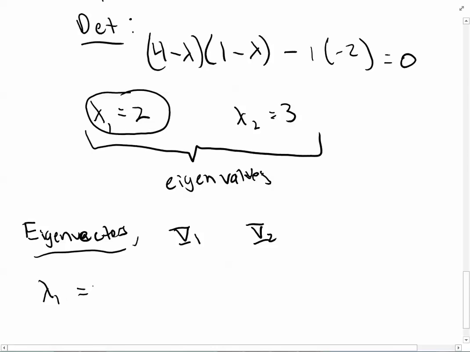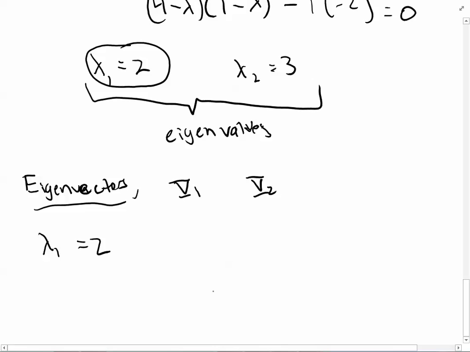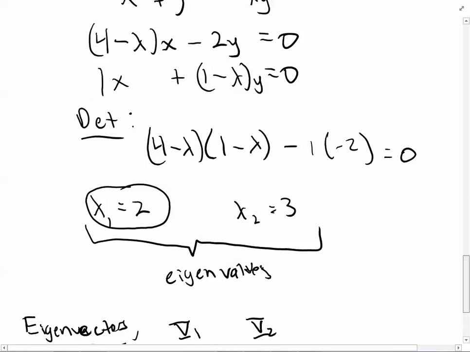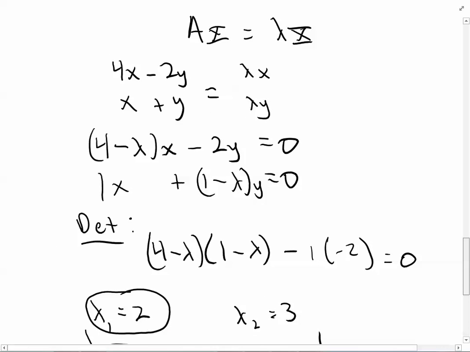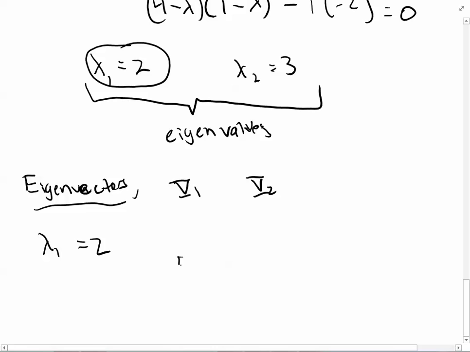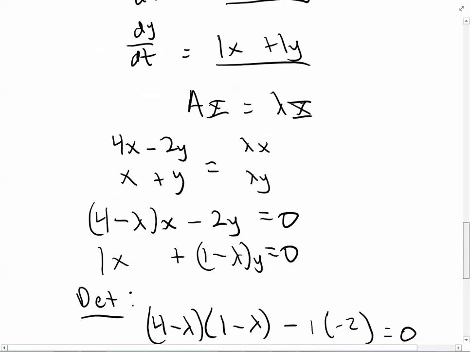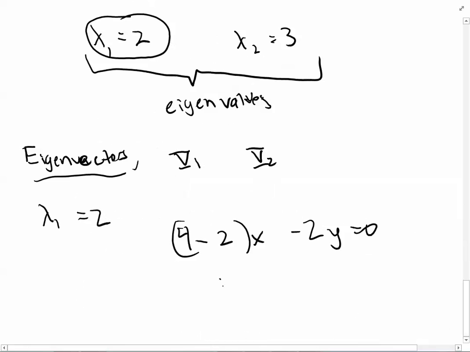It was (4 - λ)x - 2y = 0. And then my second one was 1x plus (1 - λ), which in our case is 2, y equals 0.